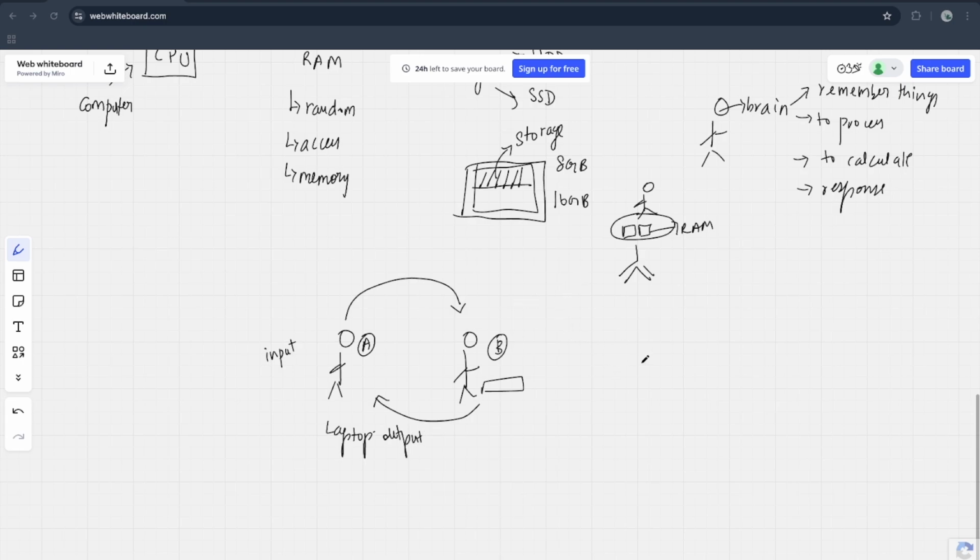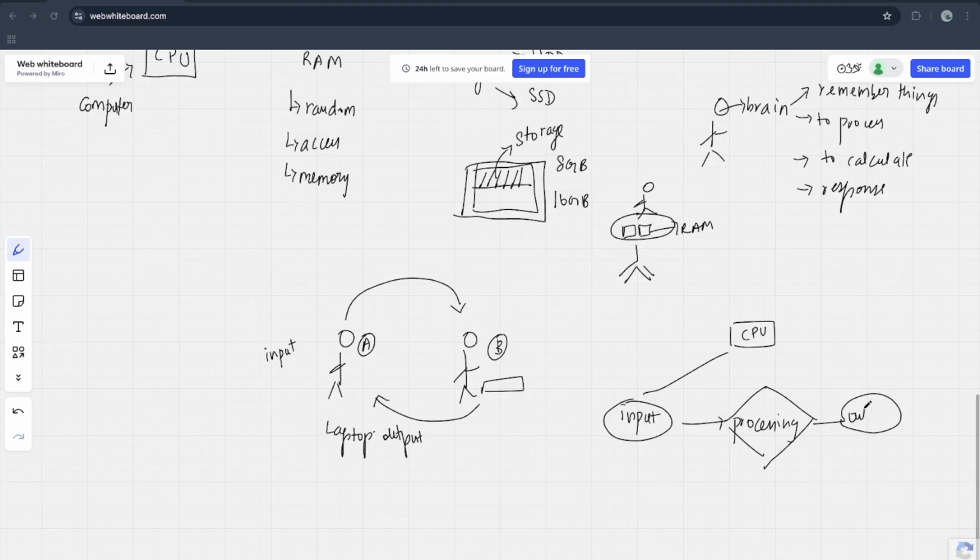I will tell you with an example. See, the CPU is a major component of the computer. It works like this: input, it processes it, processing, and output. So the computer is asking the user for the input.